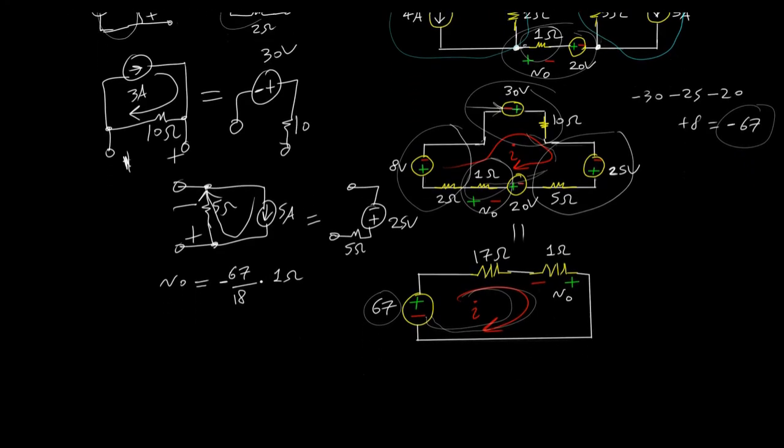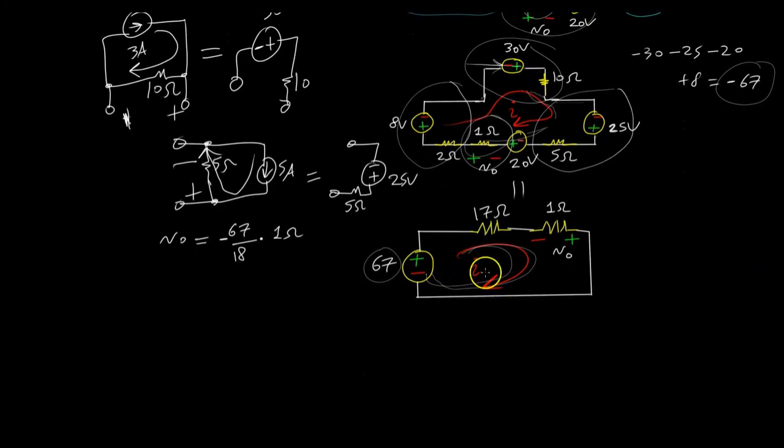So the next thing I do is that, now that I have a single very simple mesh, I say, okay, my V out, I know it's going to be negative because the mesh current flow is going clockwise, but it's going against the passive sign convention, so I already know I'm going to have a negative sign. So -1 times the voltage over the total resistance, so volts over resistance times that particular resistor that it's passing through, with the negative sign.